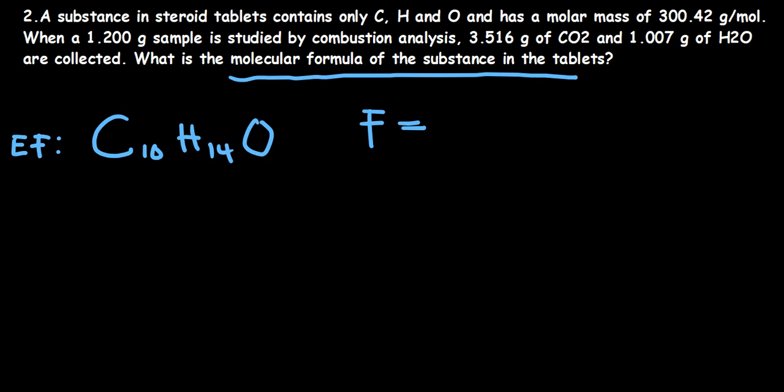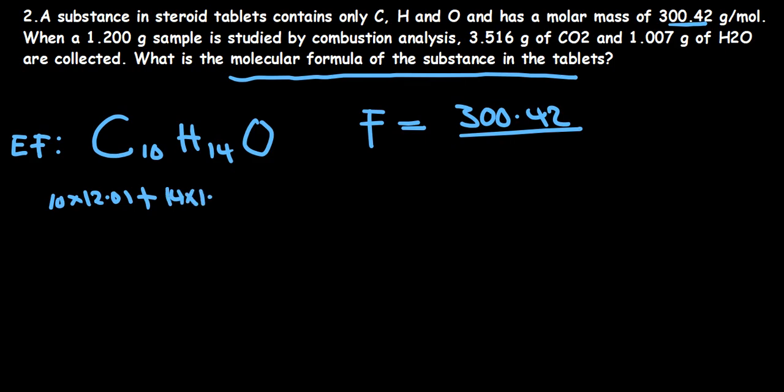So we're going to divide 300.42 by the molar mass of this empirical formula here. So what is the molar mass of this one? We just multiply 10 multiplied by 12.01 plus 14 multiplied by 1.01 plus 16.